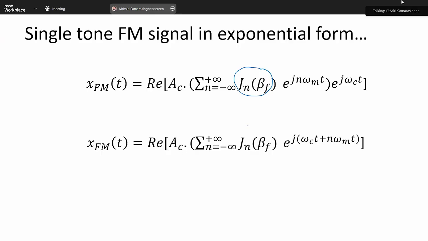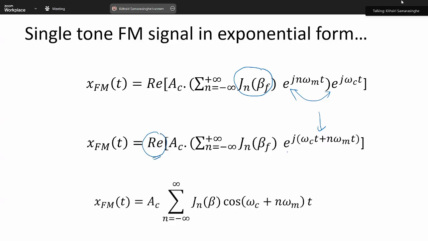You don't need to write the real part now; you directly take the cosine of this as the real part, because Jn(beta) values are real. Now, this is another form of that FM signal.